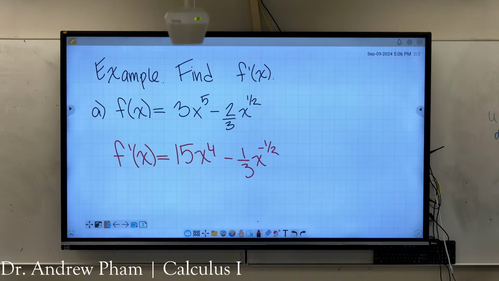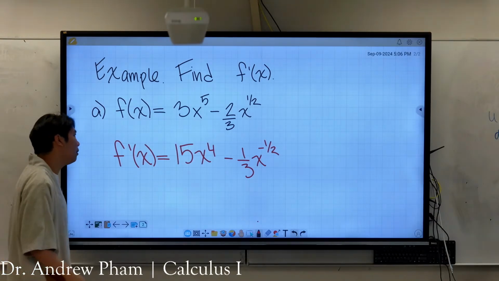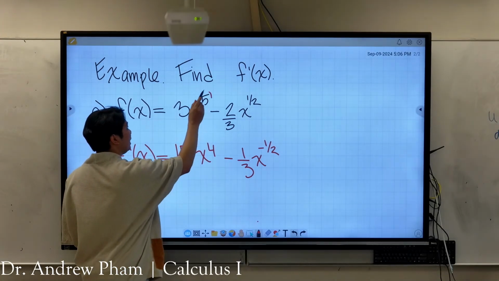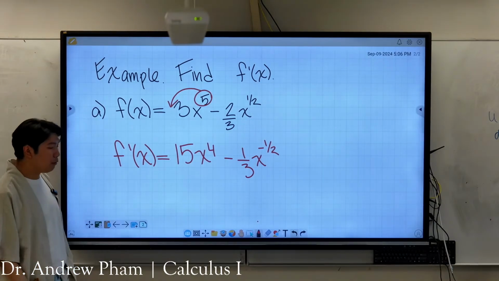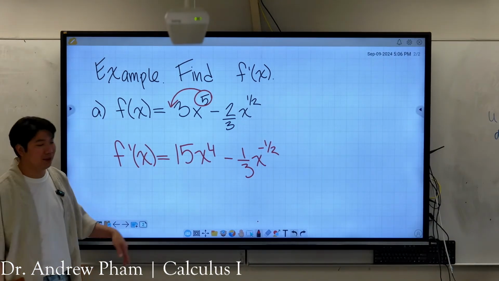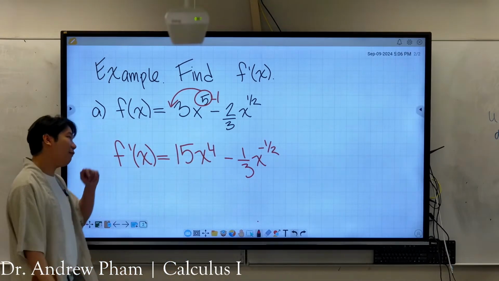Let's just talk very quickly about how I got that. First thing is that I'm applying the power rule here because our function is x to a power. That's a good sign telling me yes, I can go ahead and apply the power rule. So for this first one, I took the power and multiplied it to the front. So 5 times 3, I got 15. And then I subtracted 1 from the power, which is how I have a power of 4.